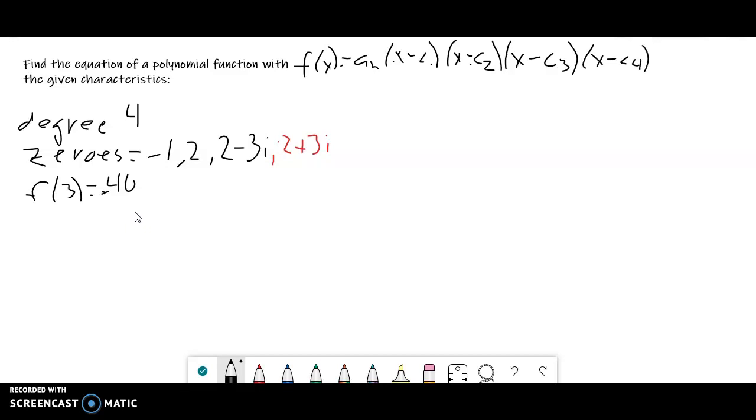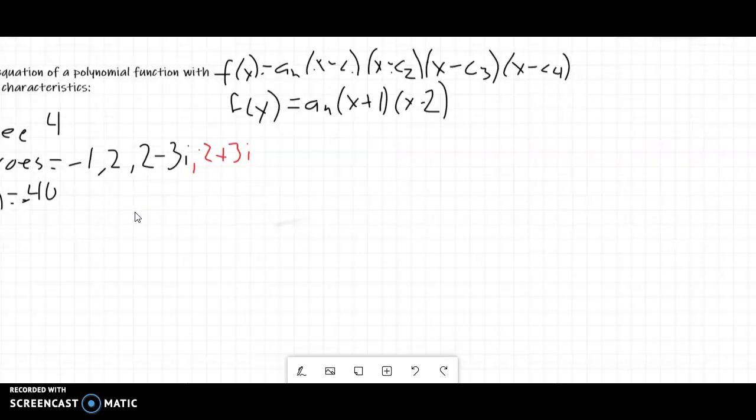So 4 factors to go with our 4 zeros. Now if I plug in my numbers, f of x equals, well, we don't know what the leading coefficient is yet. That's what we still need to find. But we do know that our first factor will be x plus 1 because we switched the sign of that negative 1. Then we have x minus the 2, again switching the sign of our 0.